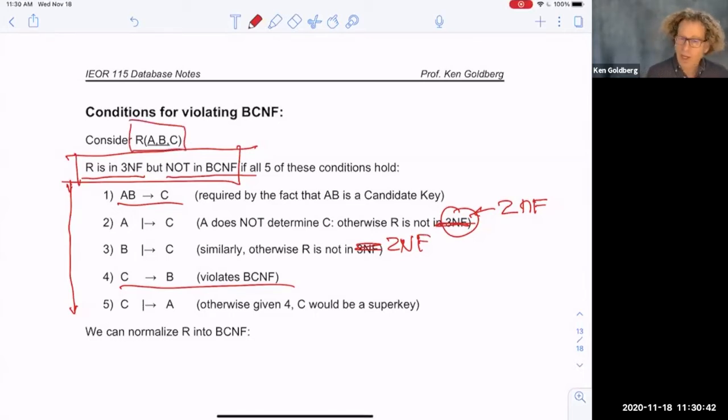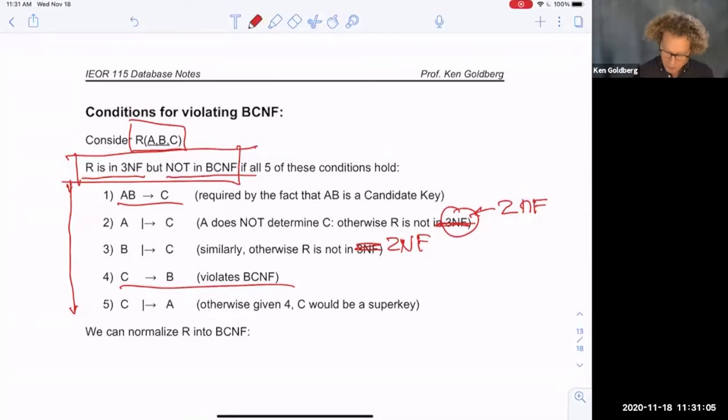All right. Now I'm asserting that is a functional dependency, and it's a case where C is not a superkey, but it's determining something else. Okay, so that's violating Boyce Codd normal form. And C is not a superkey.